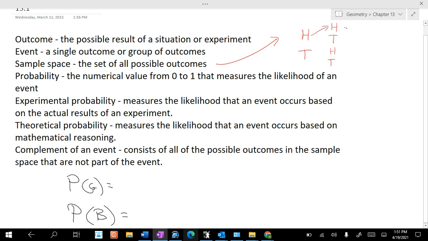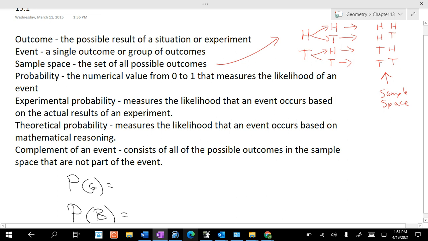So the coins could have gone heads, then heads again, or heads, then tails, or else tails, then heads, or tails, then tails. That's a sample space. These are all the possible outcomes: heads heads, heads tails, tails heads, tails tails.